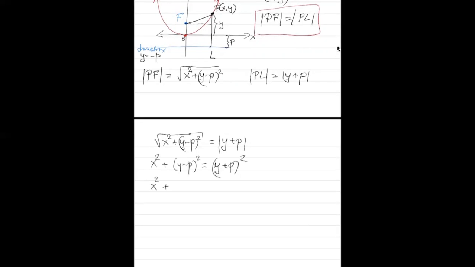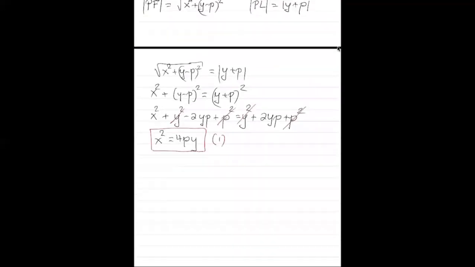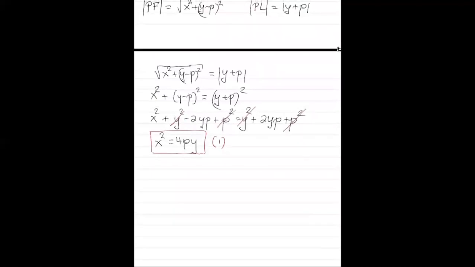We're going to FOIL here: y squared minus 2yp plus p squared equals y squared plus 2yp plus p squared. Let's see what can cancel. The y squared cancels, the p squared cancels. So what we have left is x squared equals, moving the 2yp to the other side, 4py. So this is the equation that we got for the parabola using our definition.